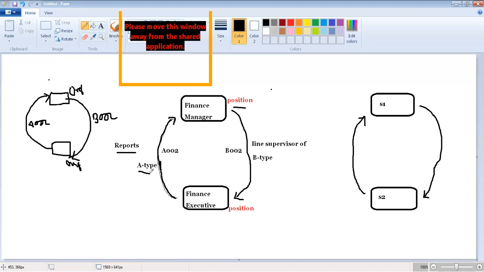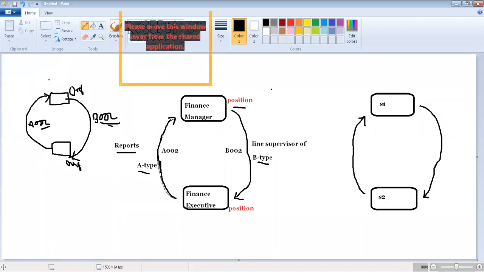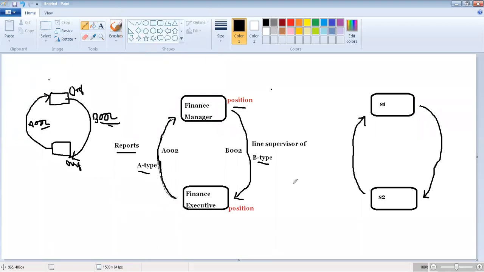The A type, B type relation will be similar, but this number may change based on the objects, whether it is a position object or an organizational unit object. So this number you need to remember. Let me go back to the notepad once again and we will check that.